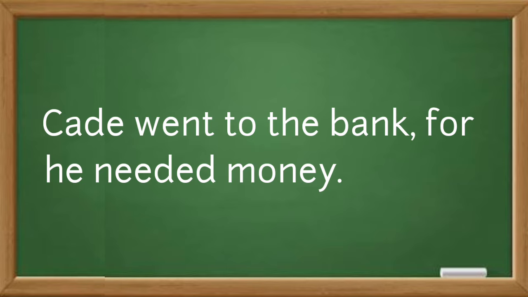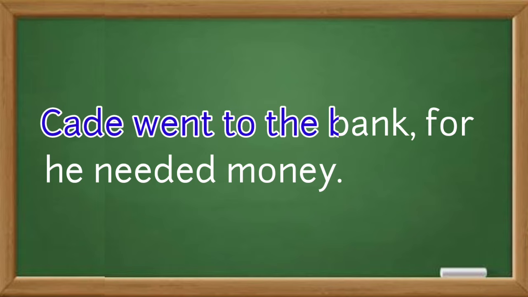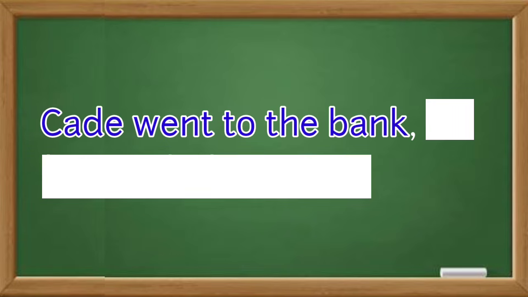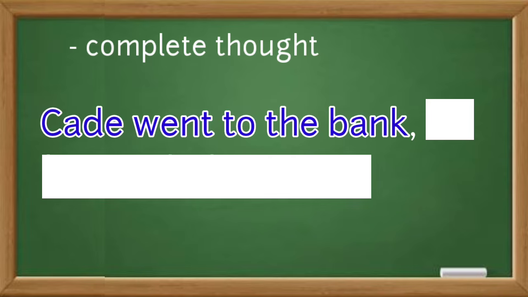Alright, let us find the two independent clauses in this sentence. What do you think is the first one? It is Cade went to the bank. As you can notice, even if we no longer included the rest of the words in the sentence, you can still understand clearly what it means because it expresses a complete thought.